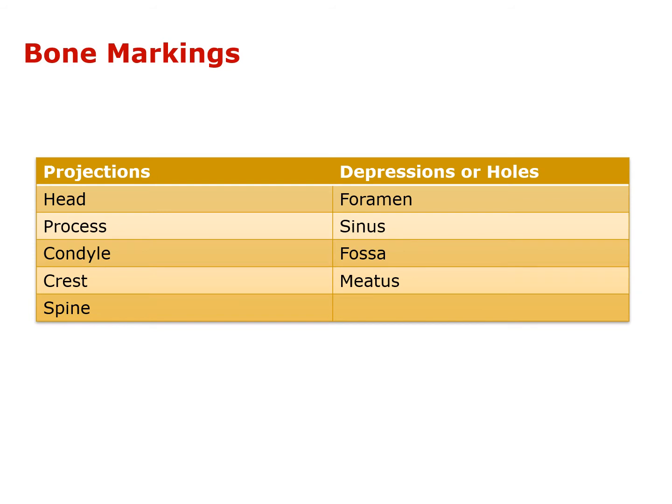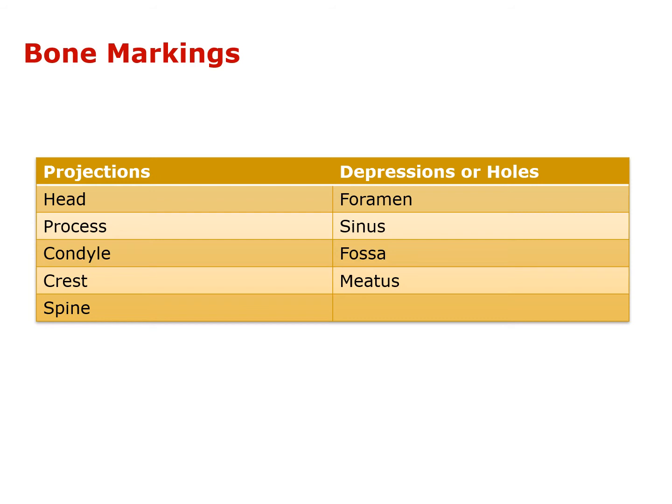So the head of a bone is a rounded knob-like end separated from the rest of the bone by a slender region. So when we talked about in the case study, the femoral head, right? That's what we were talking about. It is a knob-like end separated from the rest of the bone by a slender region. So that's found on the femur.